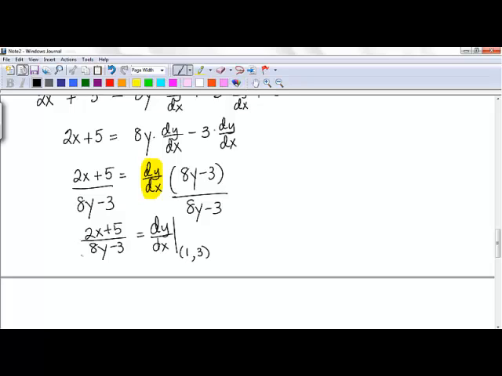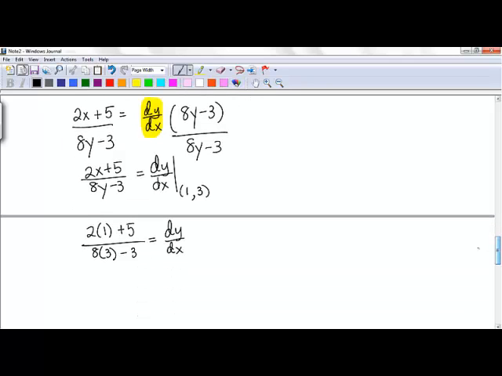Now sub 1 in for x and 3 in for y, and find your derivative. We'd end up with 7 over 21, and then reduce that to 1/3.